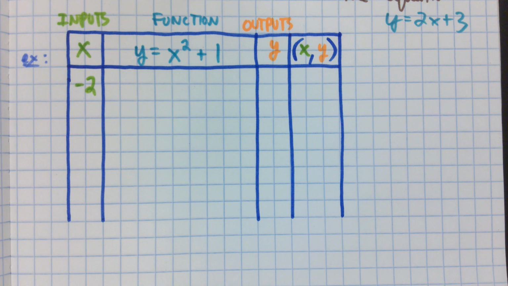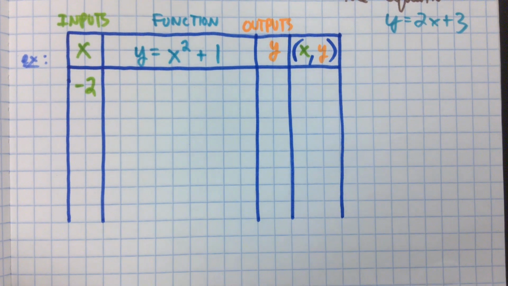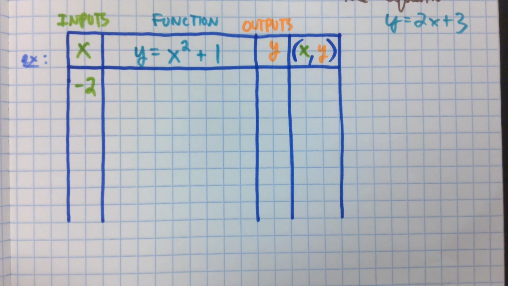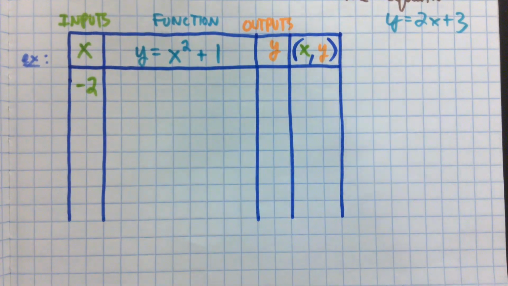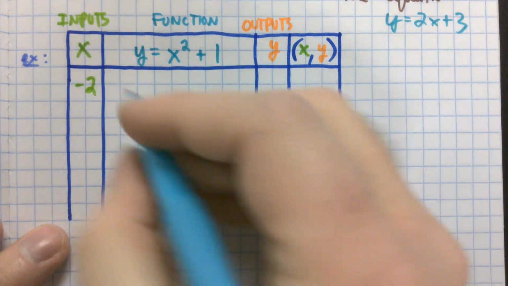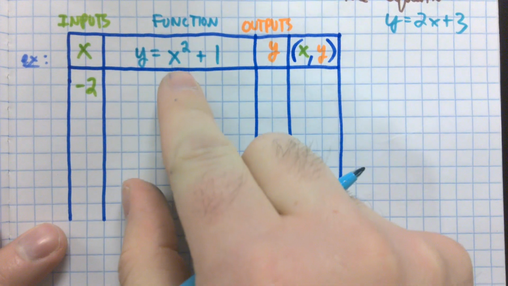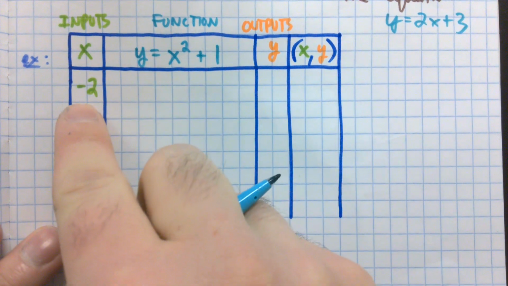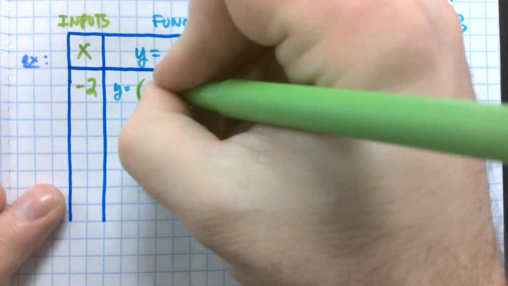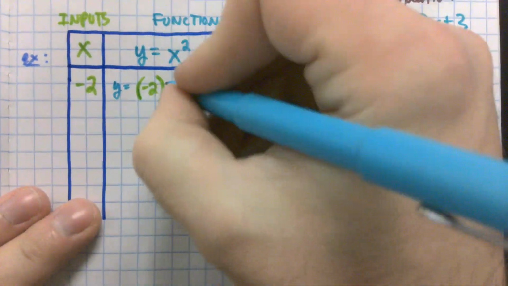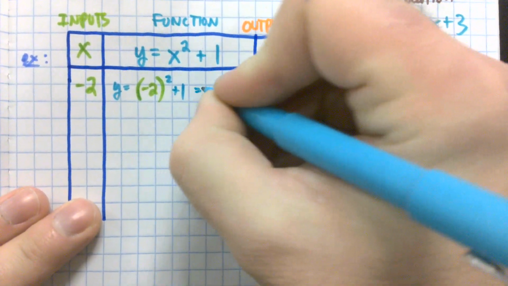So our first input here is -2. We're going to take our equation and substitute out the x for this first x value. y is equal to -2 squared plus 1.